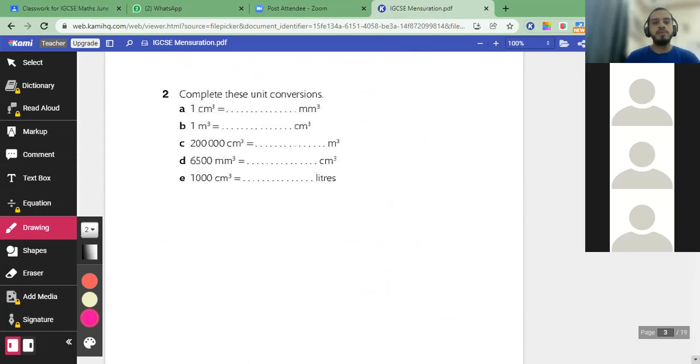Okay, question 2, Noor, letter A. 1 cubic centimeter equals how many cubic millimeter? 1,000.